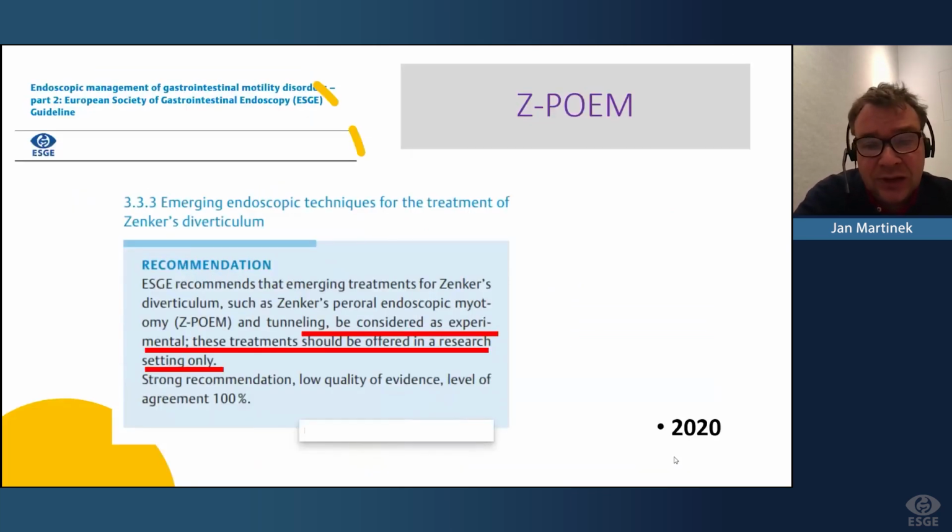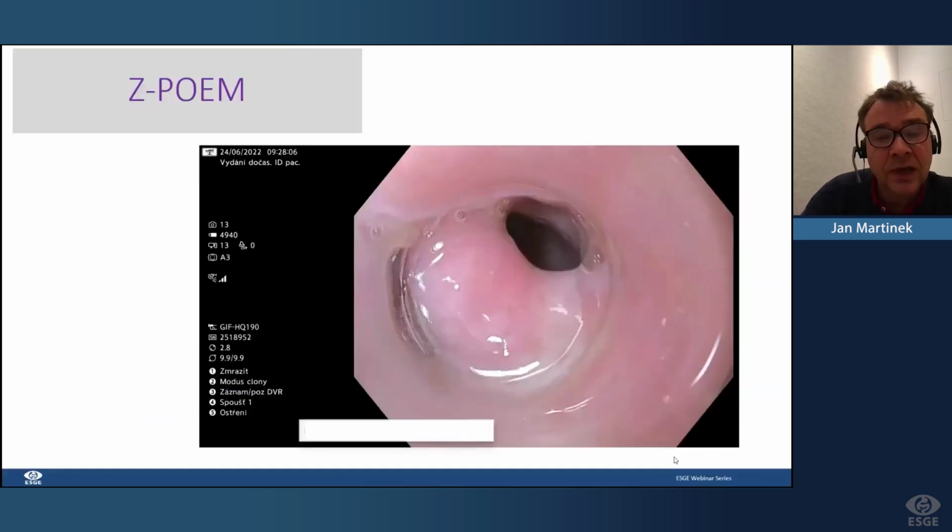Z-POEM in 2020 was considered an experimental therapy, and was recommended to be performed only within clinical trials. Today, in 2024, I think the situation has changed, and Z-POEM may be considered a standard endoscopic approach.